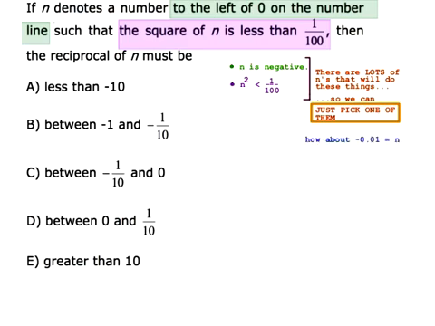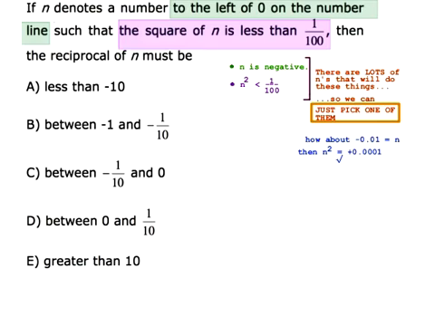So then n squared is positive 0.0001. That's definitely less than 1/100th. So that works. It satisfies the condition.